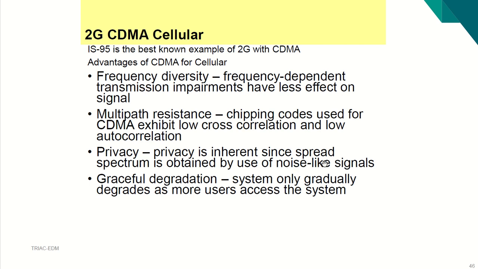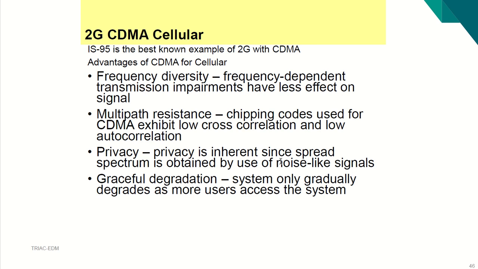As a result, if you don't know the code, if let's say a third party person is trying to eavesdrop the signal, he does not know the code, he cannot eavesdrop, because he doesn't know the code.